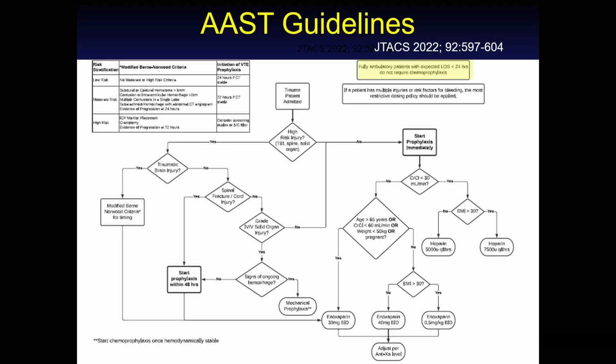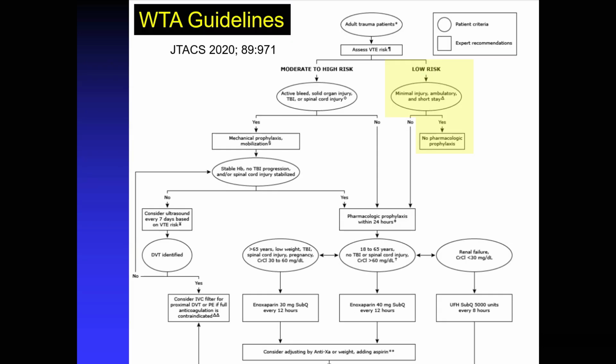Both guidelines recognize that patients with ISS less than 9 who are ambulatory and don't require more than a day hospitalized don't typically require chemical VTE prophylaxis, here in the AAST and here in the Western Trauma Association guidelines.